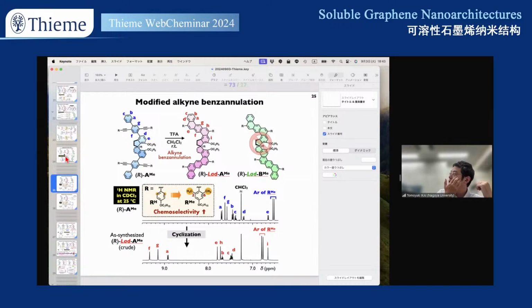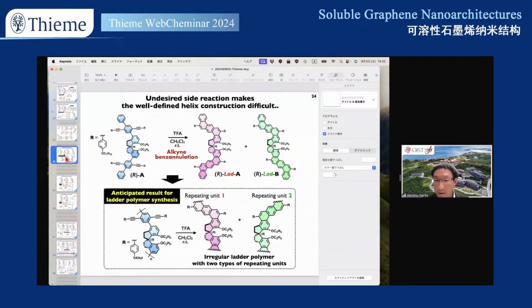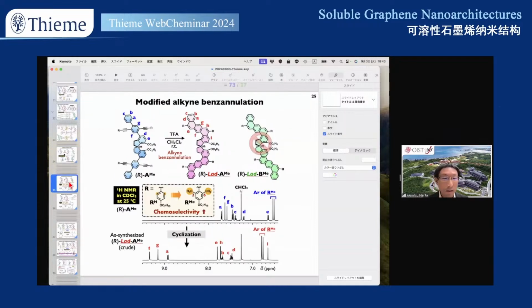But in our reaction, we didn't produce a 5-membered ring, just 6-membered rings or 7-membered rings. So he meant slide 25, perfect. Here the substitution is R.